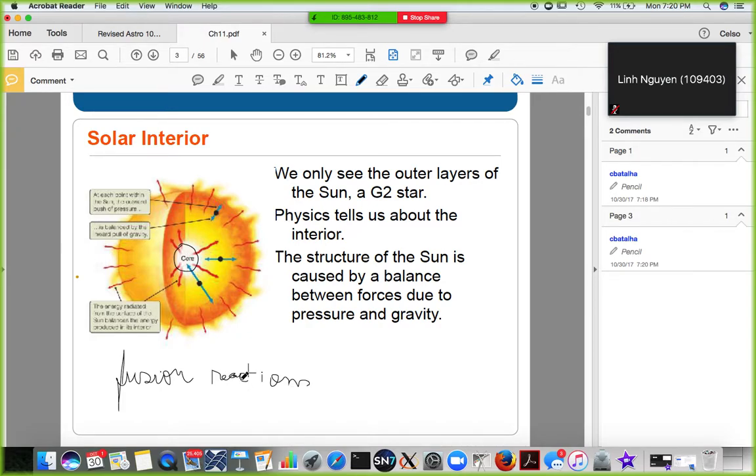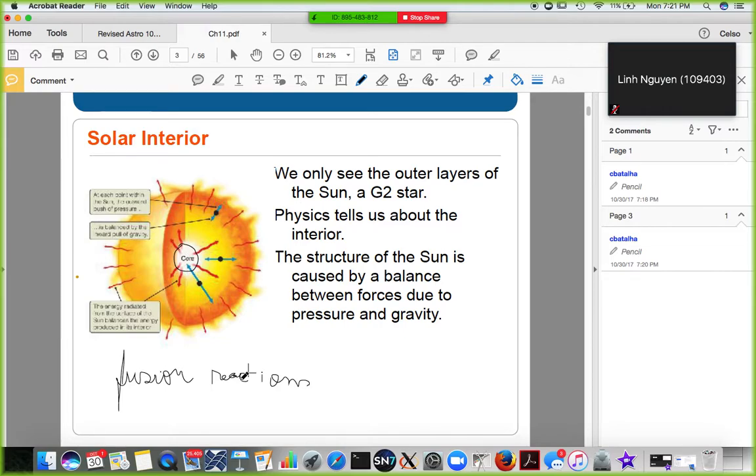So fusion reactions means what? 4 atoms of hydrogen, in fact 4 protons, fuse together and produce as a result 1 atom of helium. But there is a byproduct of this fusion reaction, when these 4 atoms of hydrogen fuse into 1 helium, and that is the production of a particle that interacts very little with matter.